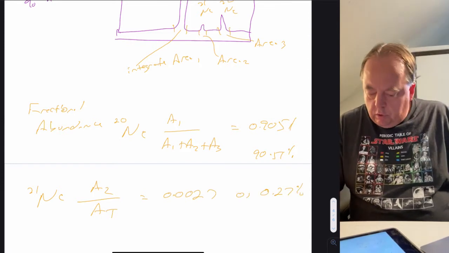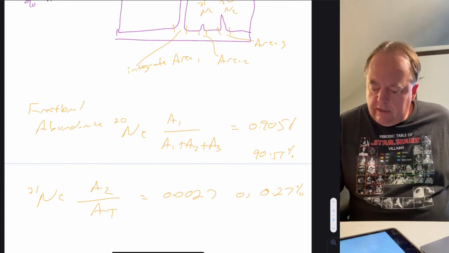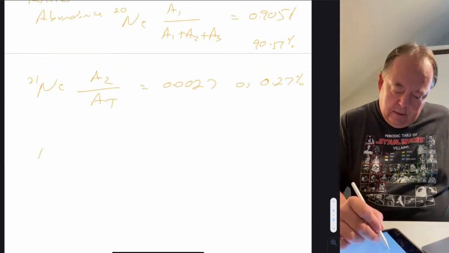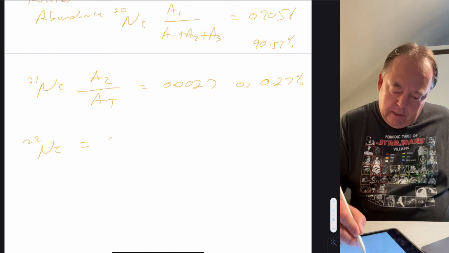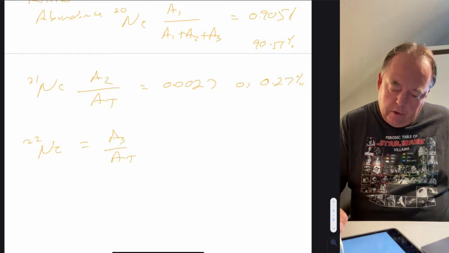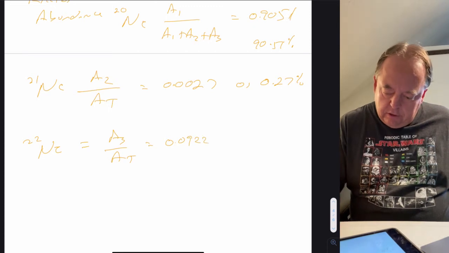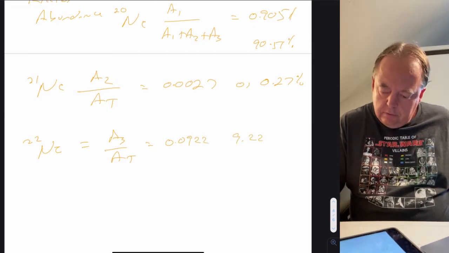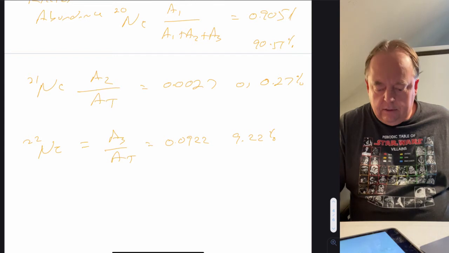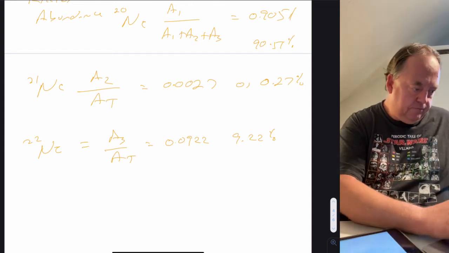The amount of neon 21 in nature is 0.0027 or 0.27%. And for neon 22, you would take area 3 divided by the total area. And again, the software does all of this for you. So 9.22% neon 22 in nature.